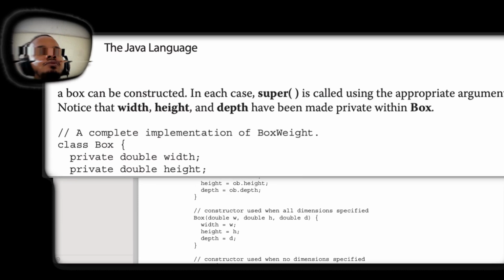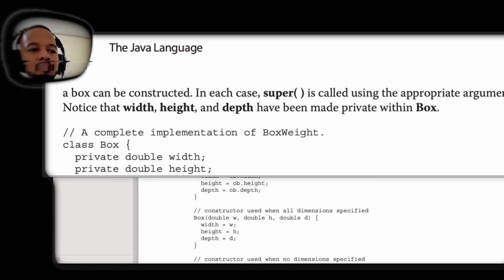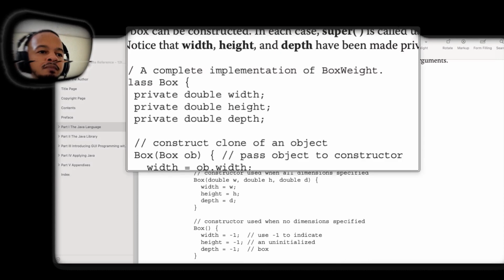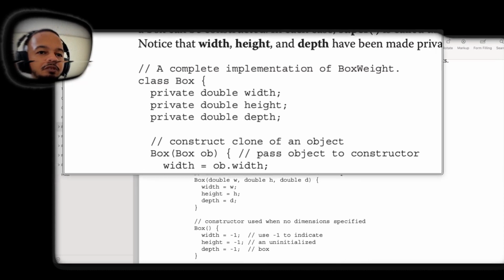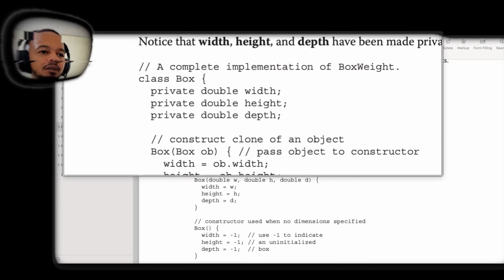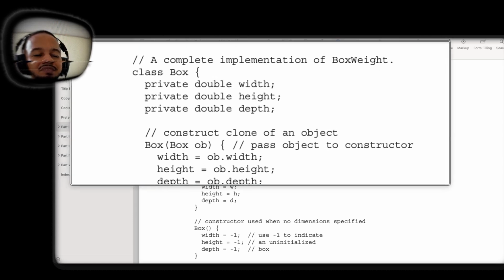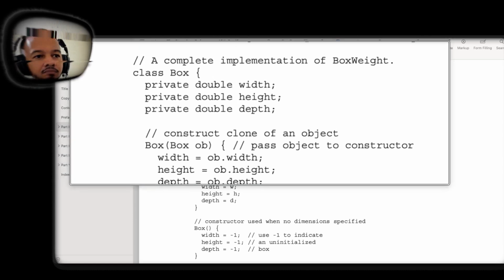In each case, super is called using the proper arguments. Notice that width, height, and depth have been made private within Box. Okay, a complete implementation of BoxWeight. Class Box, private. Oh, now they're private. Yeah, that means that the subclasses can't see them.